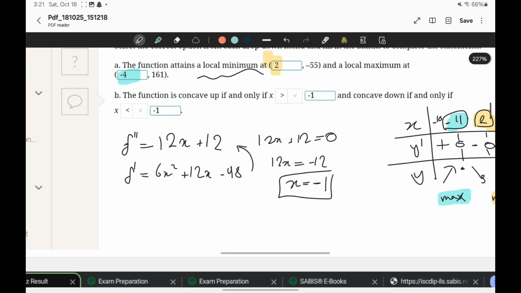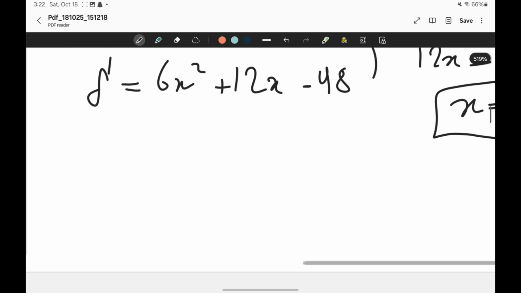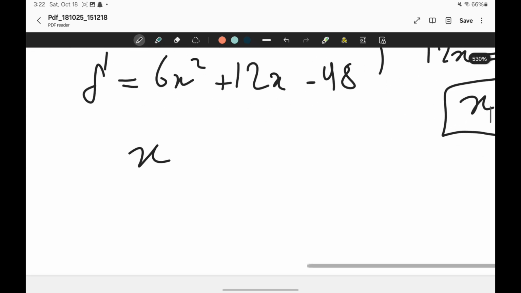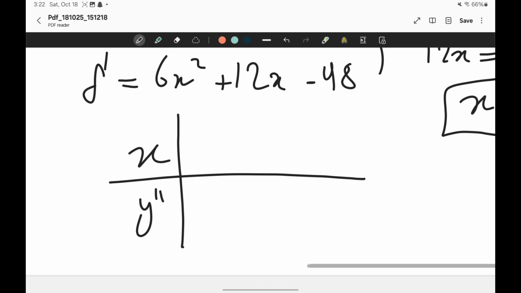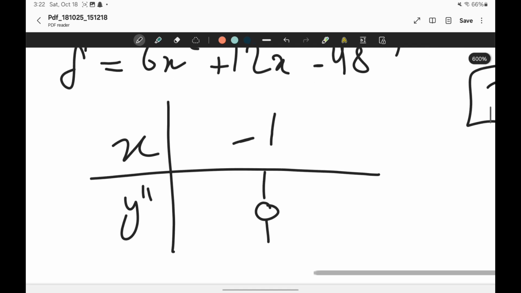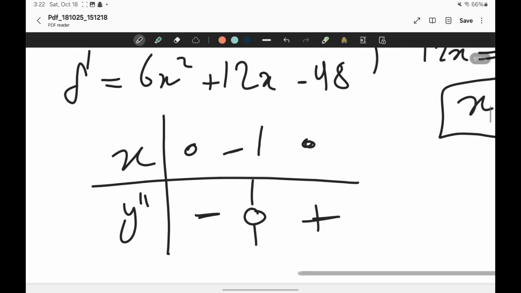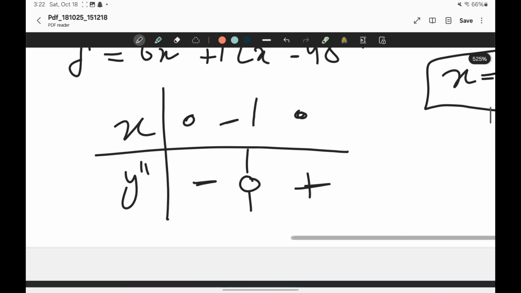Okay, so now to test the table for this, we're going to do the exact same thing. It's x and then y prime prime, and we put in our value minus 1. This here gets 0. We test a point here, you get a negative number. You test something here, you get a positive number. So that means our arrows, instead of having straight arrows, we're doing it like this.